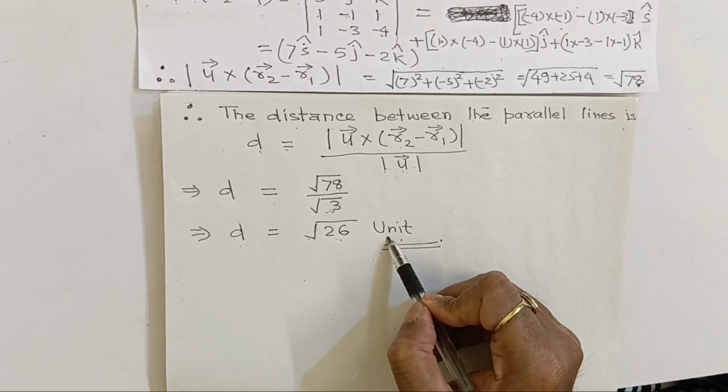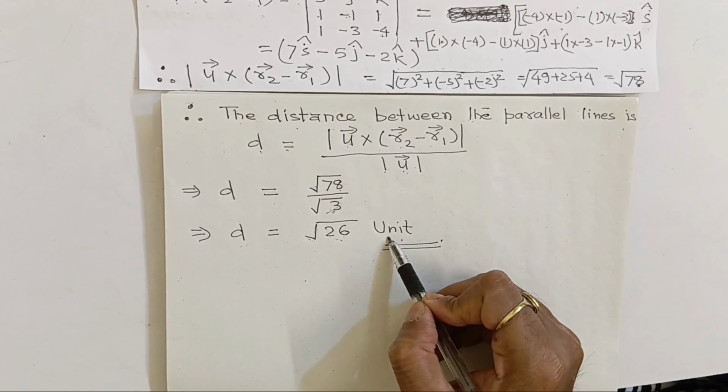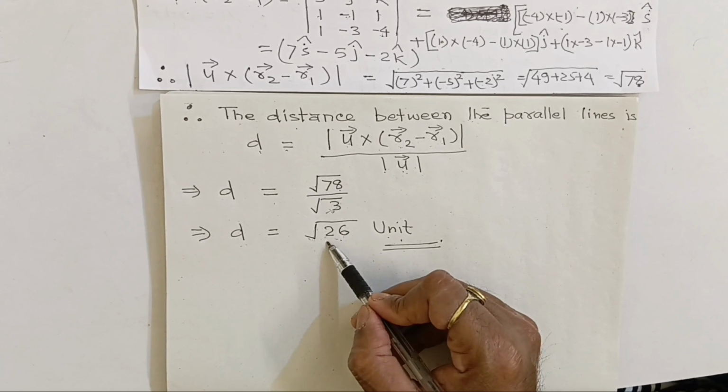Hence, the distance between the parallel lines is square root 26 units.